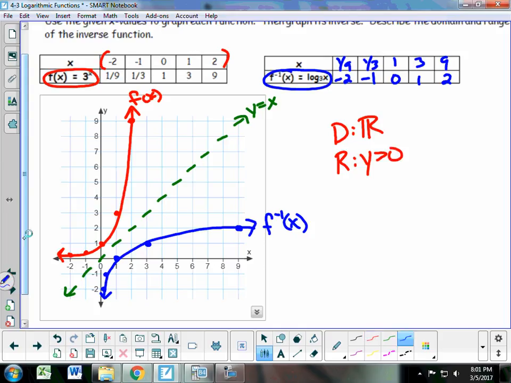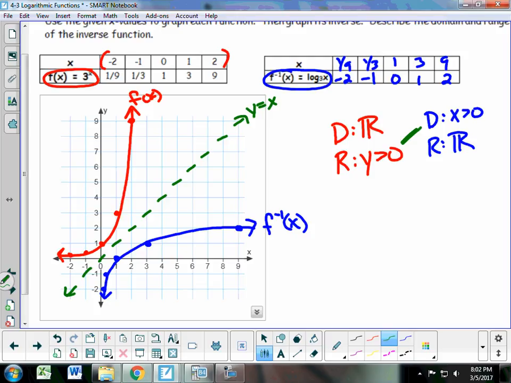For the logarithm, the domain is x values are greater than 0, and the range is all real numbers. Notice how the domain and range are kind of flip-flopped. You have to convert from y to x when you do the inverse.